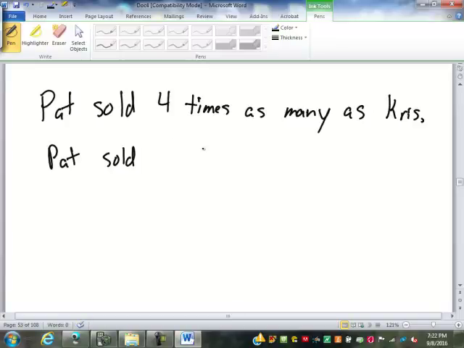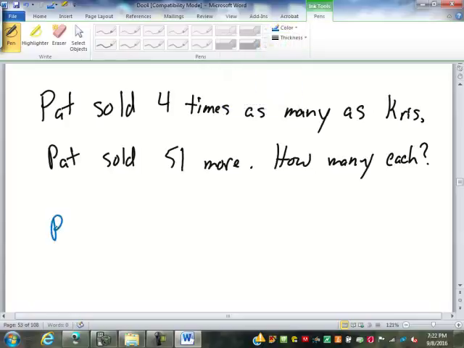Pat sold 51 more. How many did each sell? So Pat sold 4 times as many items as Chris. Pat sold 51 items more than Chris. How many did each sell?